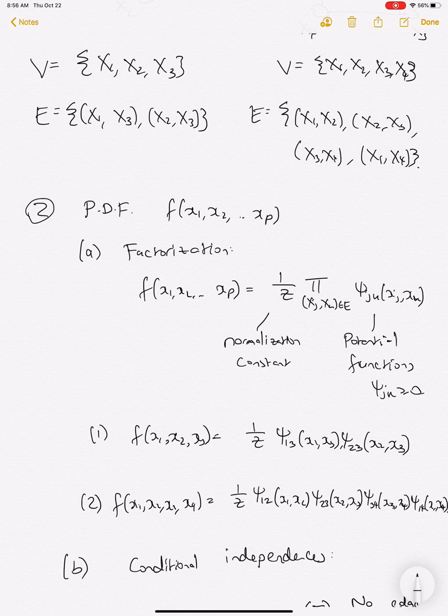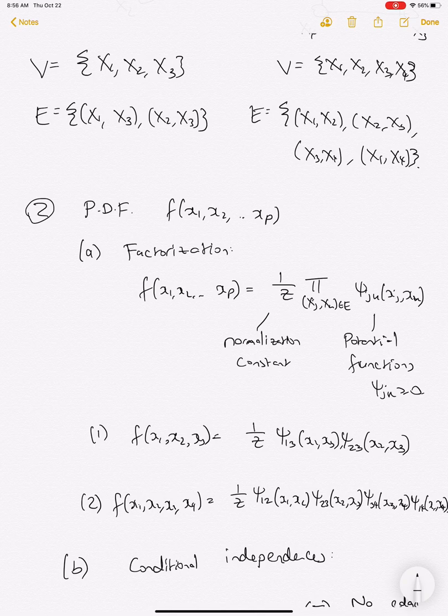You define things not in terms of conditional distributions, but in terms of potential functions. It can be written as 1 over Z, where Z is a normalization constant, times potential functions ψjk(xj, xk), where these potential functions are non-negative.